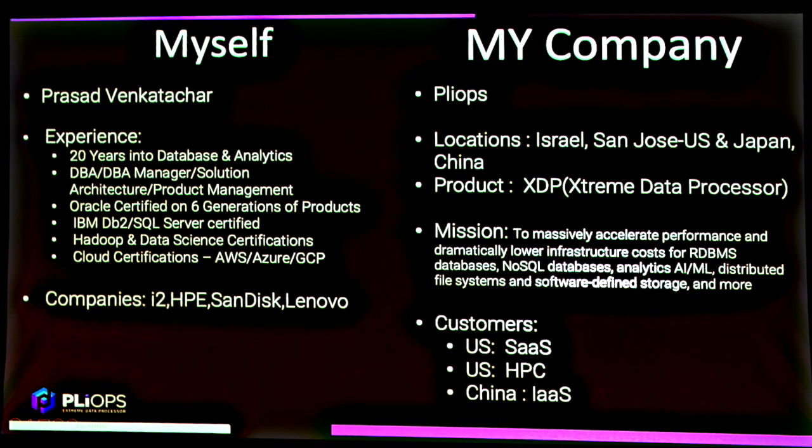That's our mission, and it's catching a lot of good traction with a lot of hyperscale providers in SaaS and infrastructure as a service. We are seeing good traction in both the US and China markets. And when it comes to enterprise customers, we are seeing a lot in the manufacturing, retailer, and high performance segments.